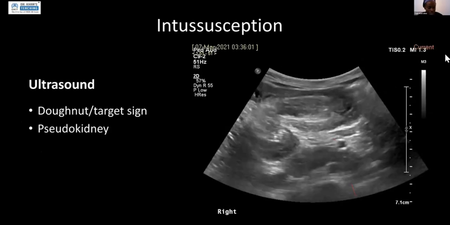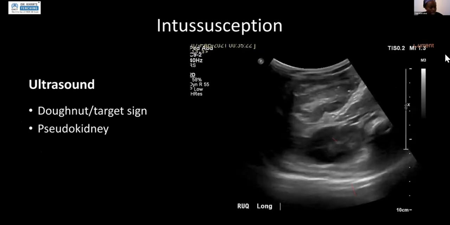With your pseudo kidney sign, you get a mimicker of a kidney. Basically the mesenteric fat centrally mimics the fatty hilum, and the bowel wall mimics the cortex. That's why it's called a pseudo kidney sign. And as long as you see your kidney, you know that's what you're looking at, or you turn transverse and see this donut sign.